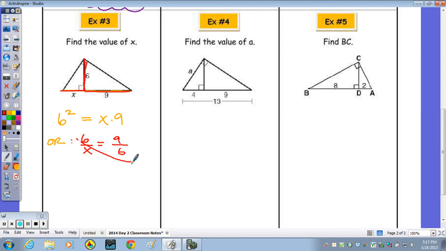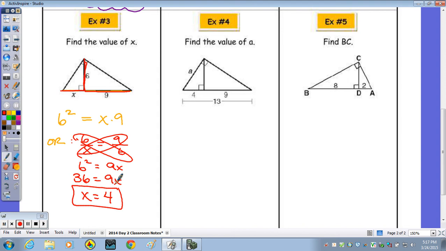You still end up with 6 squared equal to 9 times x. So first, let's square the 6, 36. Then divide by 9, and we get x equals 4.